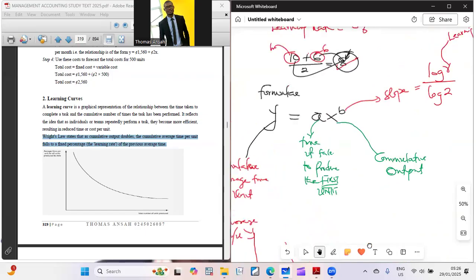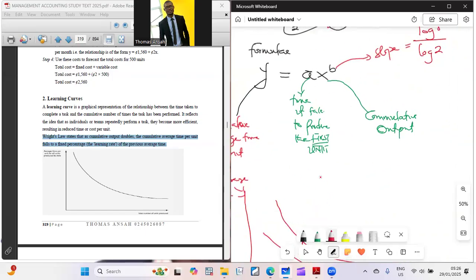So if you were to use this formula, y is equal to our first time, which is 200, times x, where x is the cumulative output. We said we are talking about 8, raised to the power log 0.8 over log 2. The log 2 is on your calculator.